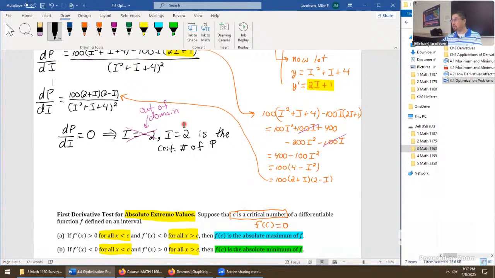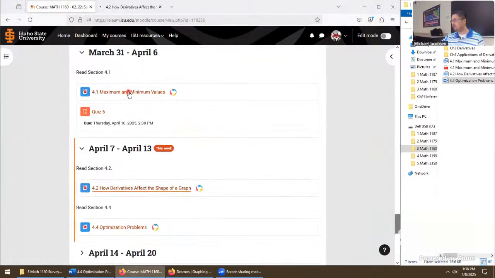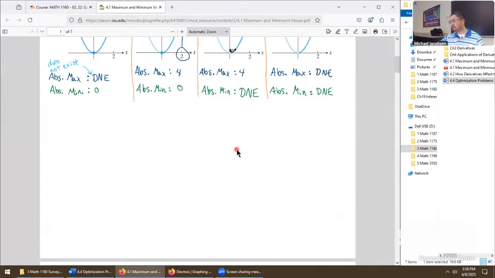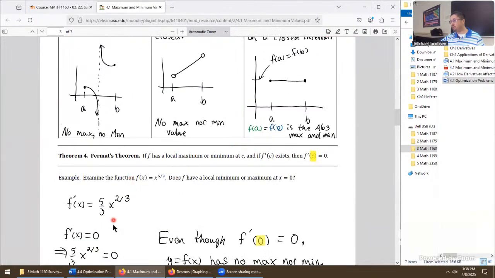So now that we have the critical number, here's the sad part of this problem. No guarantee whatsoever the critical number leads to a minimum nor a maximum. It could be one of 3 possibilities. It might be a maximum, it might be a minimum, or it might be one of these. Back in section 4.1, we found a critical number on this function right here.